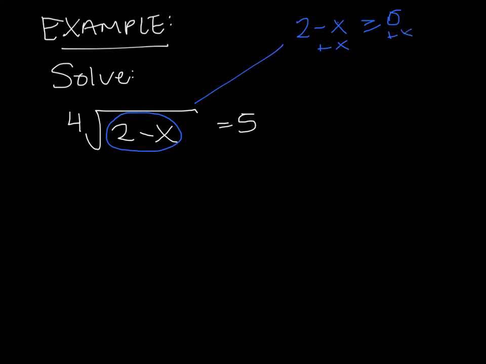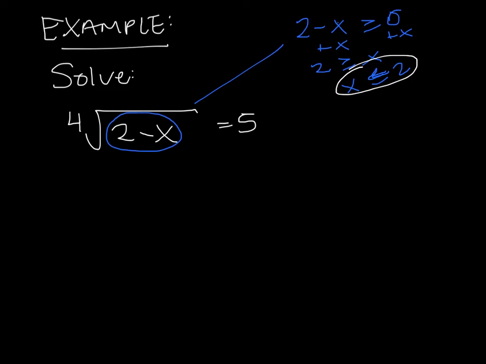I'm just showing you the domain, not solving it just yet. That says x must be less than or equal to 2. I just reworked that inequality, adding over the x and rewriting it the way we like to have the x on the left-hand side. So I have to keep this in the back of my head: if I get any x that's not less than or equal to 2, this equation is undefined for that.